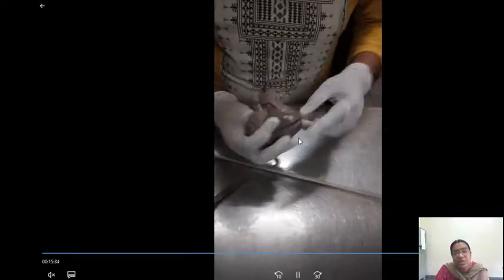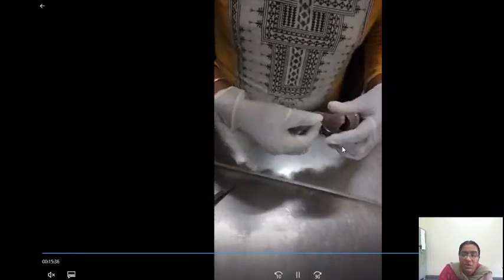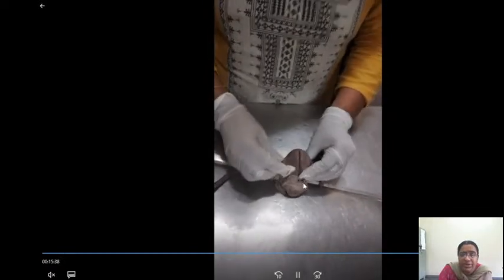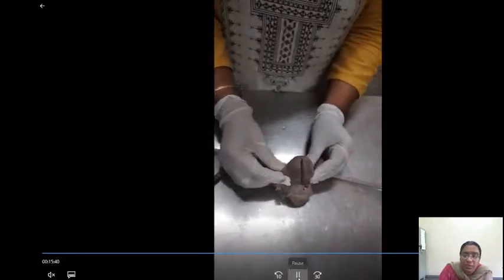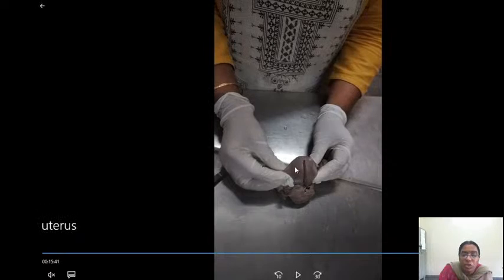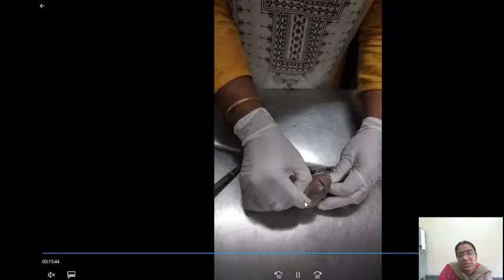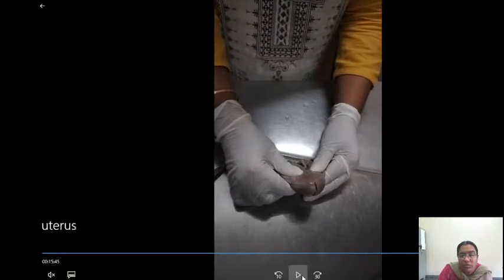Within the cervix you can see a cavity, which is called the cervical cavity. One thing, as we have said earlier, is that the position of the uterus in our body is oblique: anteversion and anteflexion. The fundus should be present forward, the anterior surface should face forward and downward, and the posterior surface backward and upward, which means it is in an oblique position.